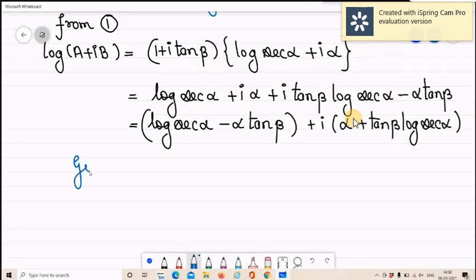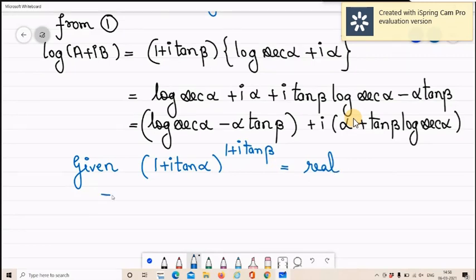It is given in the question that 1 plus i tan alpha raised to that is purely real. So this we already know, which is real. So it clearly implies that my b is going to be 0. What is that b? Because I have named it as a plus ib, so b is going to be 0.